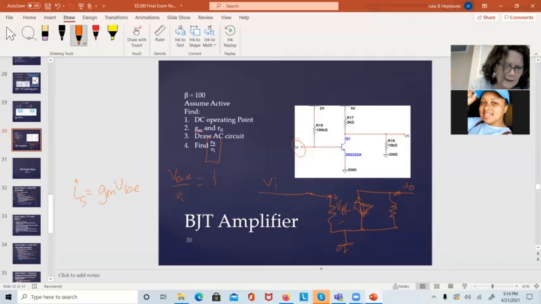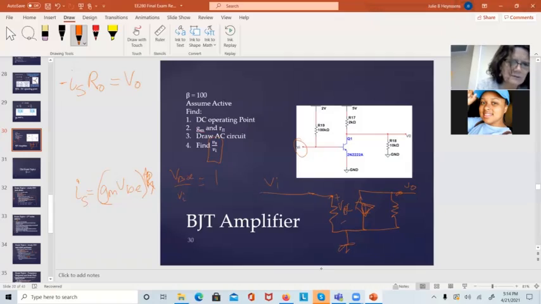So this current source times that output resistance is going to equal the negative of the voltage.